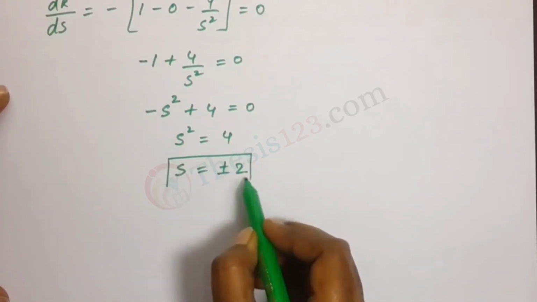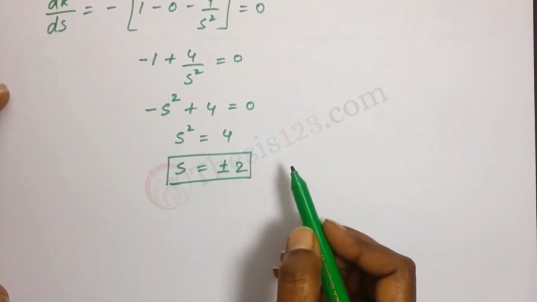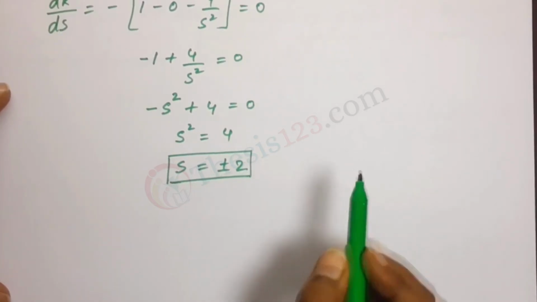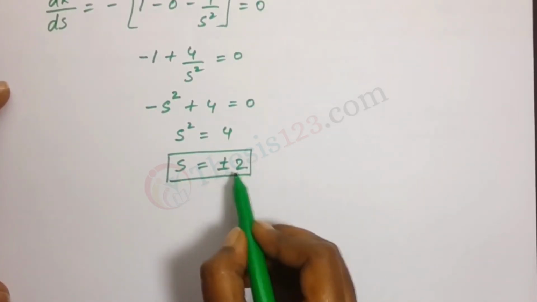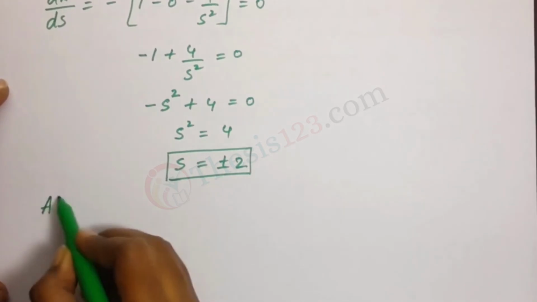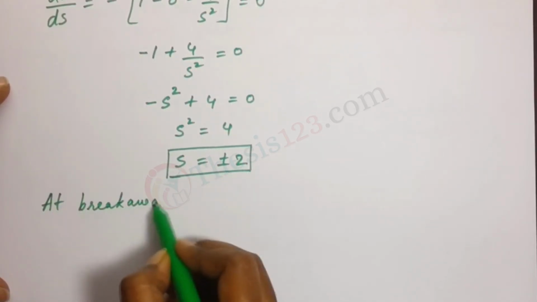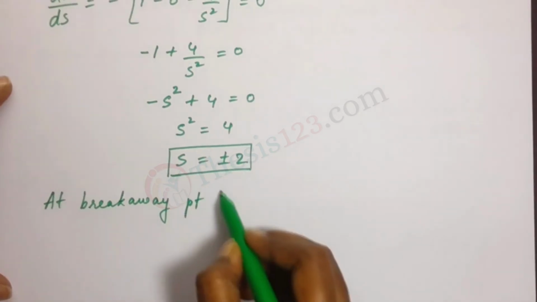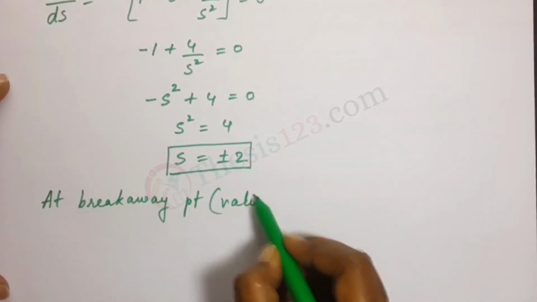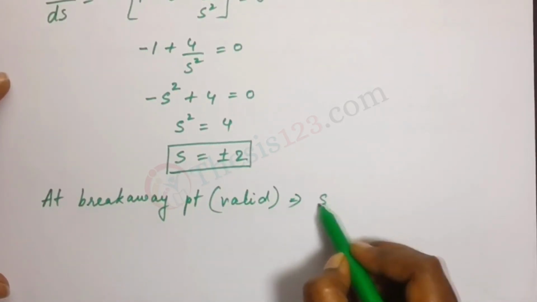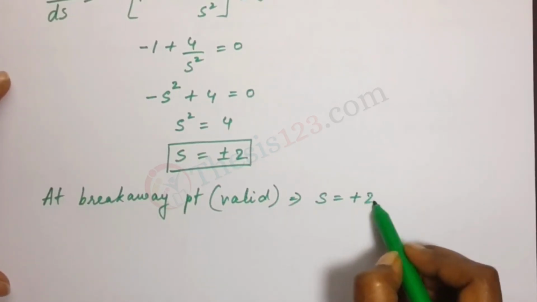So these are the values of s, plus 2, minus 2. But at the breakaway point, we have to consider only the positive value. So this is the valid breakaway point. s would be plus 2.